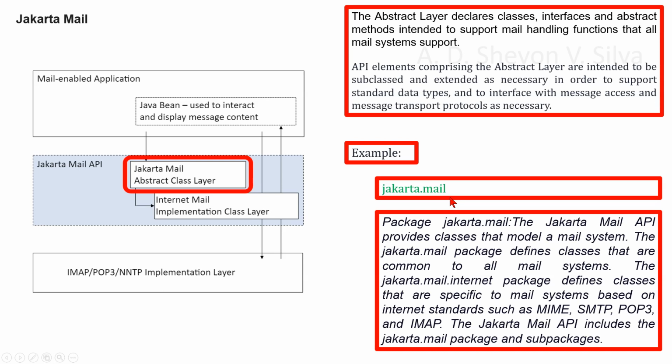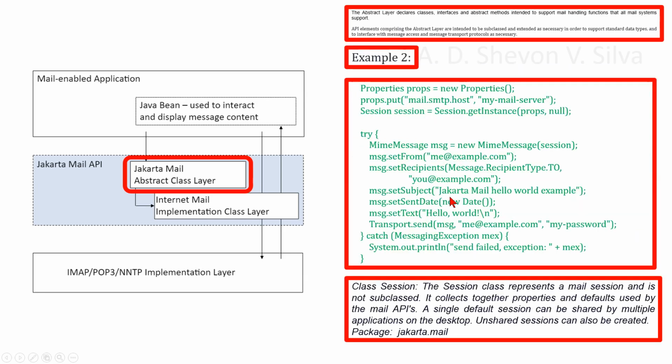The jakarta.mail.internet package defines classes that are specific to mail systems based on internet standards such as MIME, SMTP, POP3, and IMAP. The Jakarta Mail API includes the jakarta.mail package and subpackages. This package is in the module jakarta.mail.